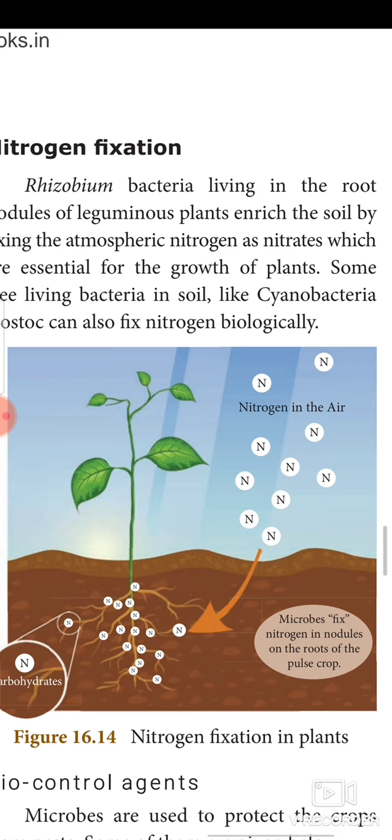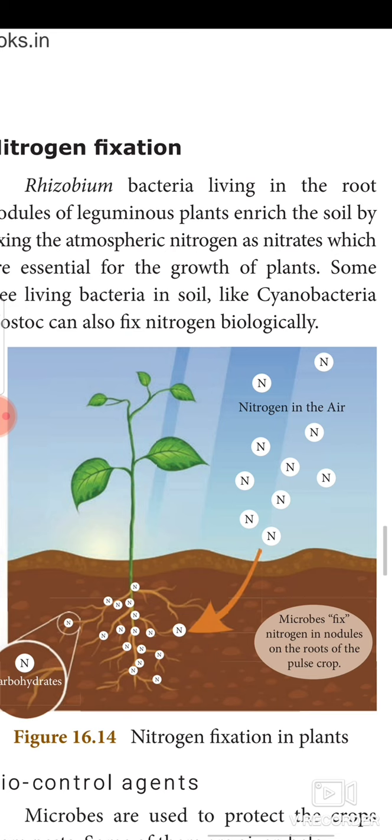For a plant to grow, nitrogen is a very important essential nutrient. But this nitrogen is only available in the atmosphere. You know the composition of the atmosphere: 78 percent nitrogen, 21 percent oxygen, and the remaining 1 percent carbon dioxide and other gases. So all this nitrogen is available in the atmosphere only.